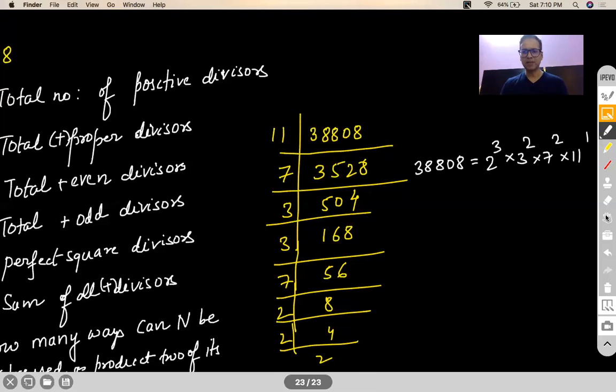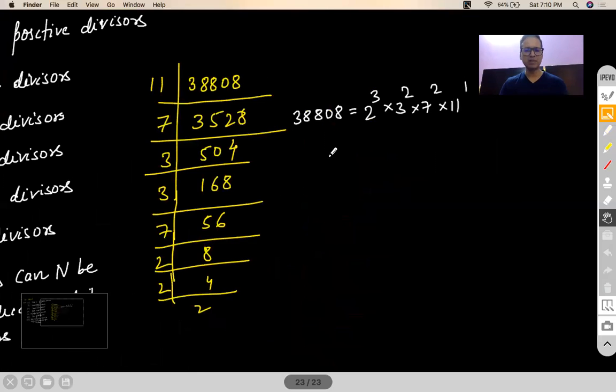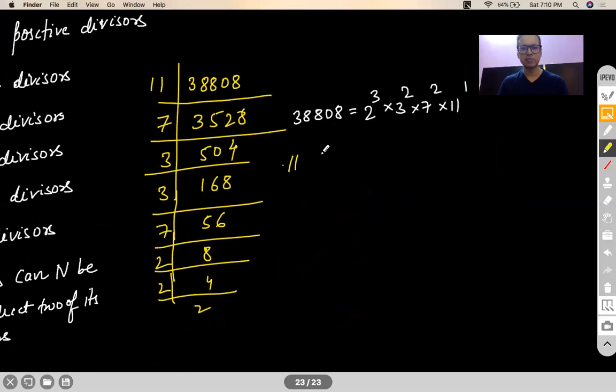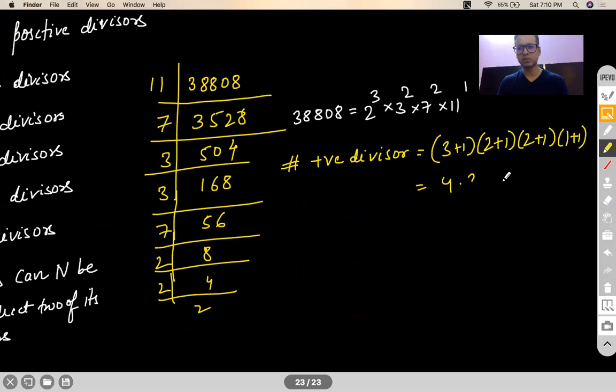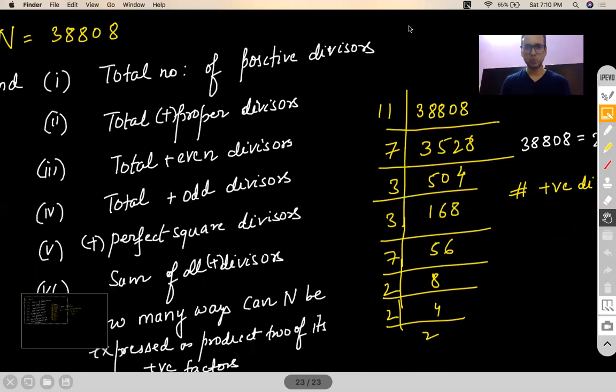So for the total number of factors, we can use our formula. Thankfully, the formula can work directly. So the total number of positive divisors here would be 3 plus 1, 2 plus 1, 2 plus 1, 1 plus 1. That's nothing but 4 into 3 into 3 into 2. How much? 12 into 6, 72. Okay. So total number of divisors is 72.